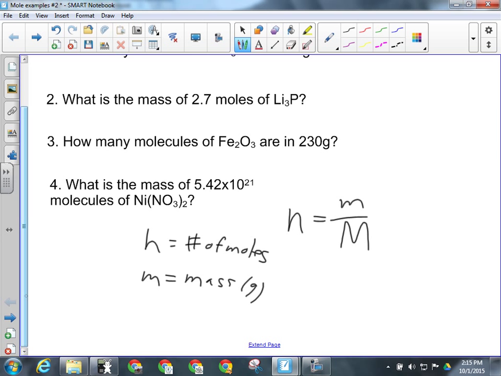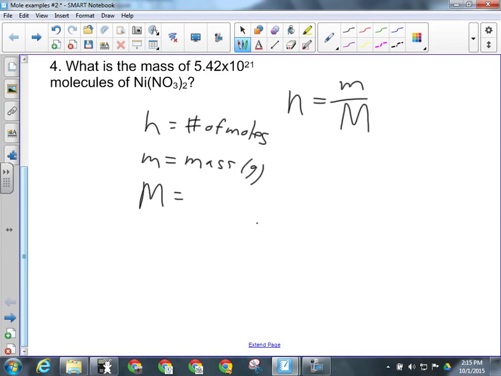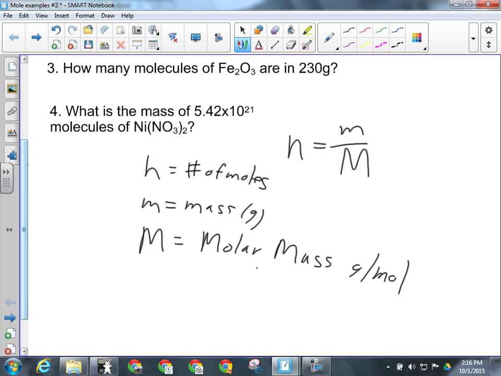And what does big M stand for? Molar mass. And what are the units for molar mass? Grams per mole. Right. Where do we get molar mass from? From the periodic table. So you'll never have to solve for it using the mole equation, but you'll always need it when you use the mole equation, but you can always get it off the periodic table. All right? Everybody following me there so far?